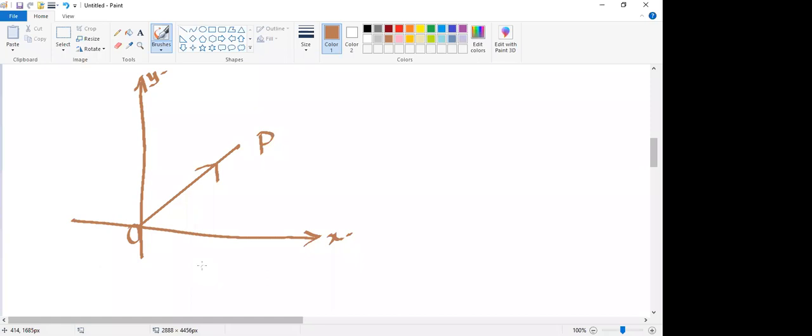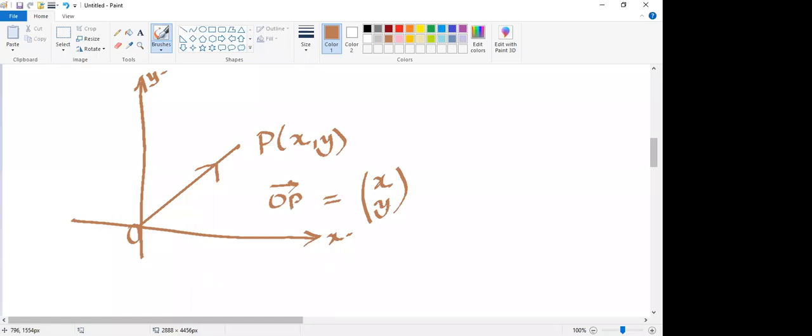If P is the point XY, then I can state the position vector of P as the column vector XY.